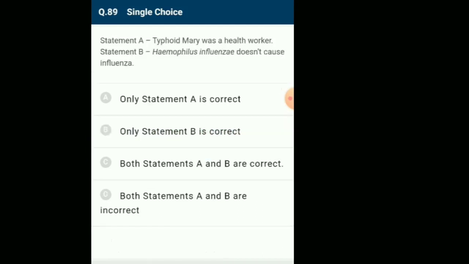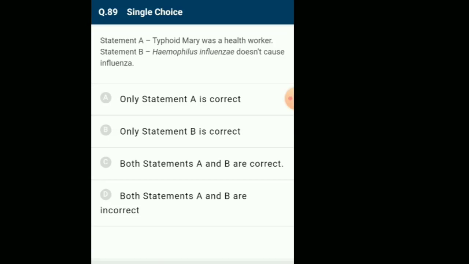Question number 89. Statements are given. Statement A. Typhoid Mary was a health worker. Statement B. Haemophilus influenzae does not cause influenza. A classic case is Mary Mallon, nicknamed Typhoid Mary.